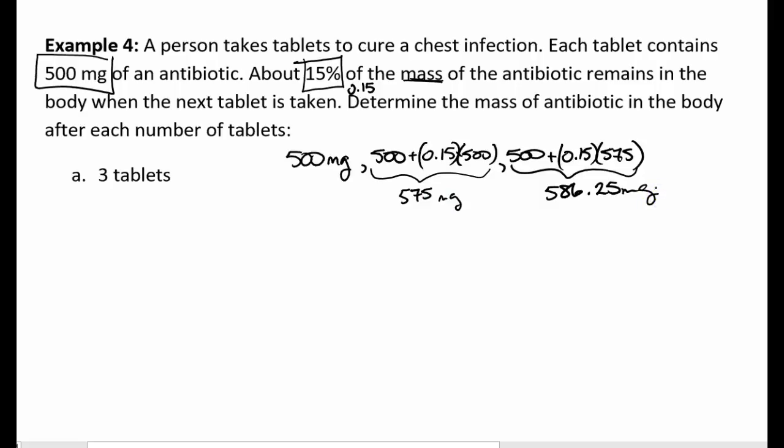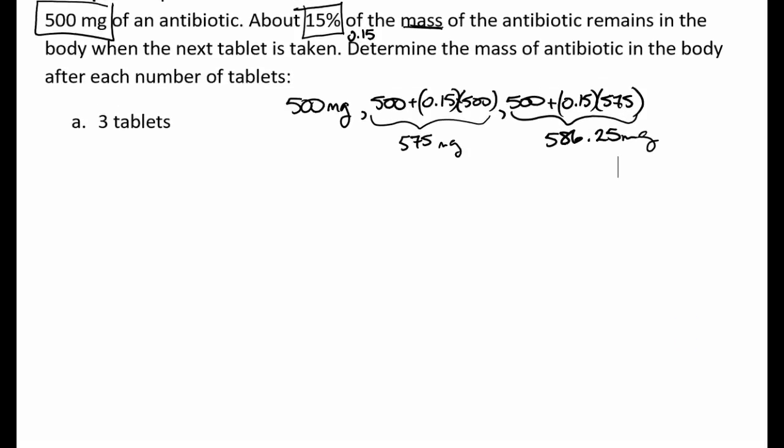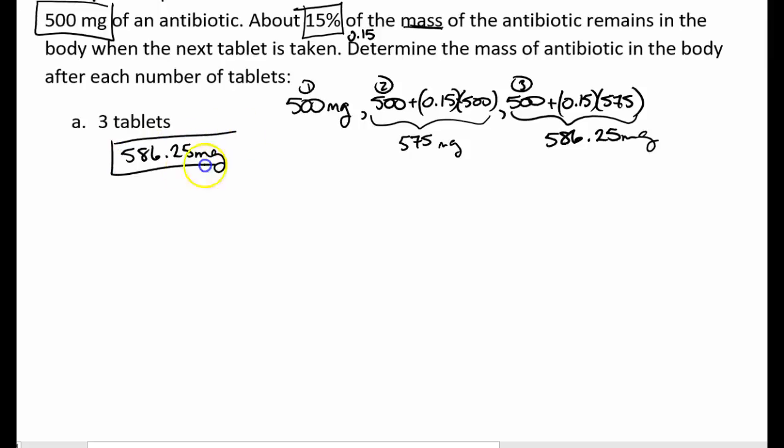Okay, so I've answered part A just by analyzing my pattern, so I don't actually need to do anything else. I can strictly state the solution, which is I've taken 1, 2, 3 tablets, and so I'm going to have 586.25 milligrams of antibiotic in my body.